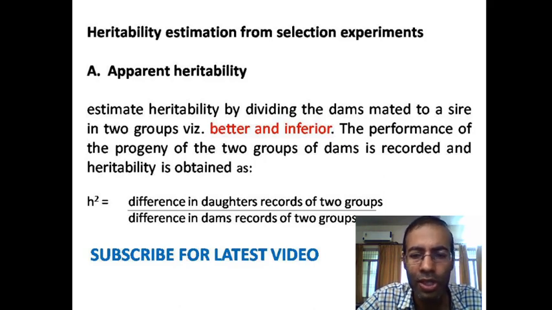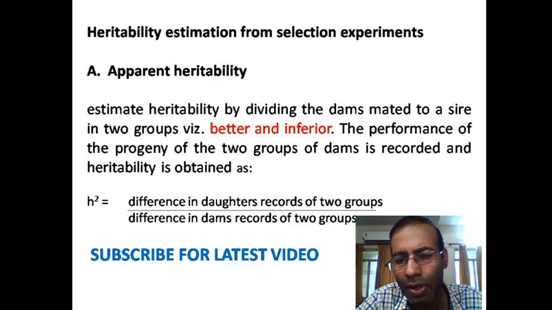Here, for estimation of apparent heritability, we generally estimate heritability by dividing the dams mated to a sire in two groups. The first group is a better group of dams, good animals, good sires, good dams, and the second group is an inferior group of dams.